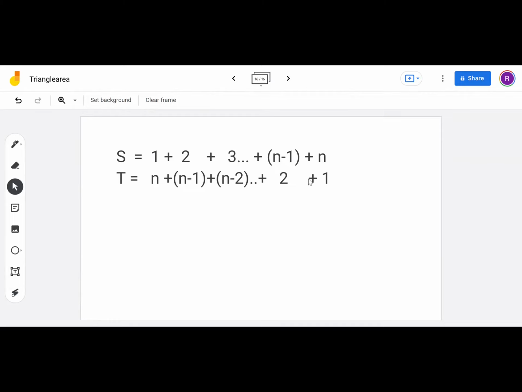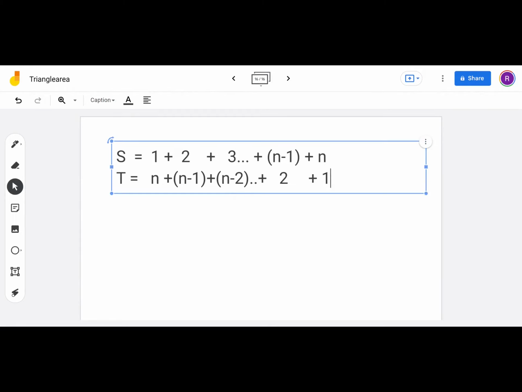And now think about why these 2 things together become almost like a square. Are these S and T the same or different? The first sum is 1 plus 2 plus 3 till n. Think of it as 1 plus 2 till 100. The second one is 100 plus 99 plus this. Let me actually write it for n equal to 100.